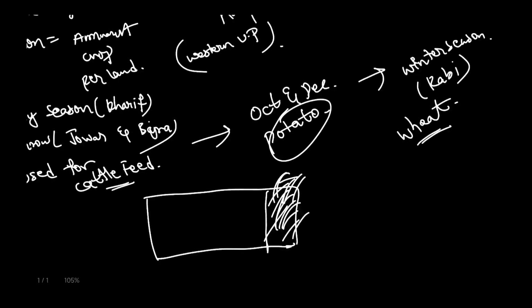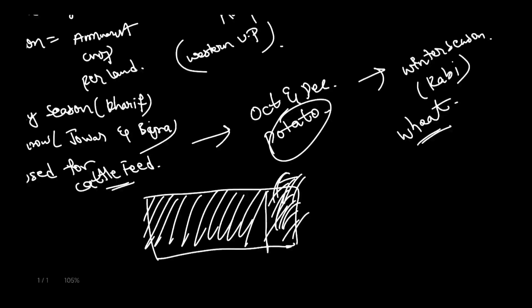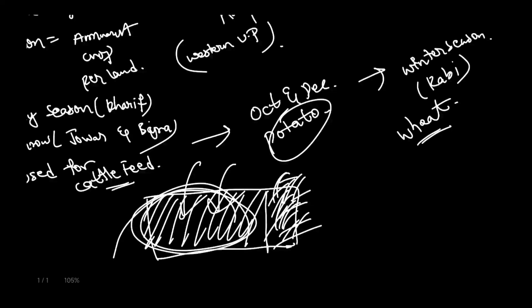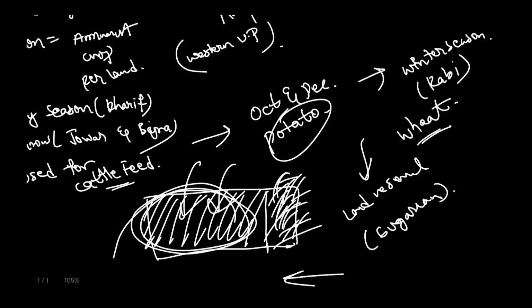Excluding the sugarcane, they plant jowar and bajra in the Kharif season, then potato, and then wheat on the land. A certain land is reserved for cultivation of sugarcane, which they later sell by converting it into sugar, a sweet substitute, to the nearby village. Okay.